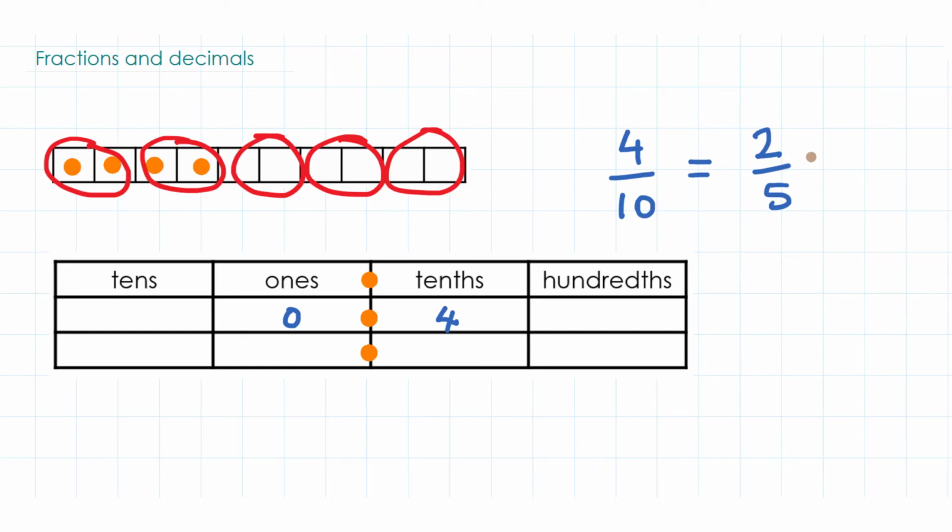That's the simplest form, but how do we know? Once again, ask yourself the question, is there a common factor of 2 and 5? Well, apart from 1, there isn't, and 1's no good. Dividing by 1, what does that do? It makes no difference. So you're not simplifying, you're not changing the fraction at all. There's no other common factor, so that's the simplest form of the fraction. So 0.4 as a fraction's 2/5.